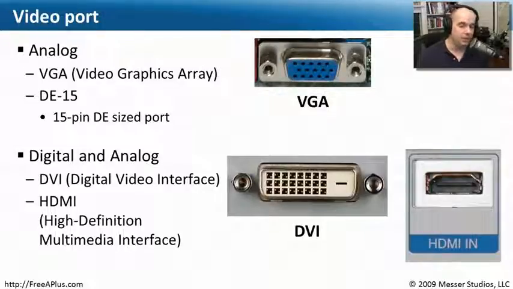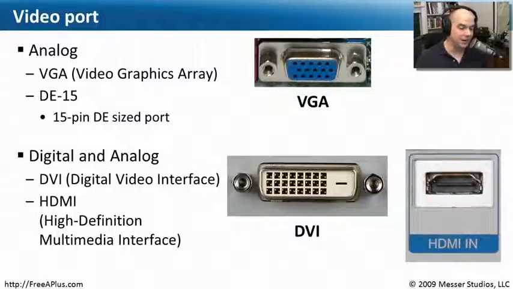There are a number of connections, both analog and digital, on your computer. One that's very, very common is DVI. DVI supports a lot of different video formats. It supports analog output, it supports digital output, it supports multiple video devices on that same digital video interface card.